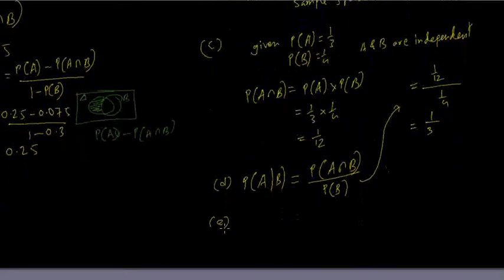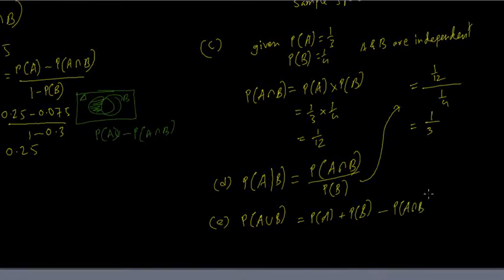So for E, we can do probability of A union B is the formula of probability of A plus probability of B minus probability of A intersection B. Probability of A is 1 by 3 plus probability of B is 1 by 4 minus probability of A intersection B is 1 by 12.